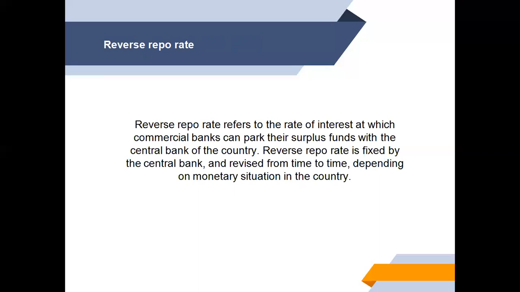If the funds are lying with the commercial banks, like unused funds, they can surely park it with the RBI so that they can earn a specific amount of interest on those reserves or on those unused funds. The reverse repo and repo both are determined by the central bank, and reverse repo is always lesser than repo rate.